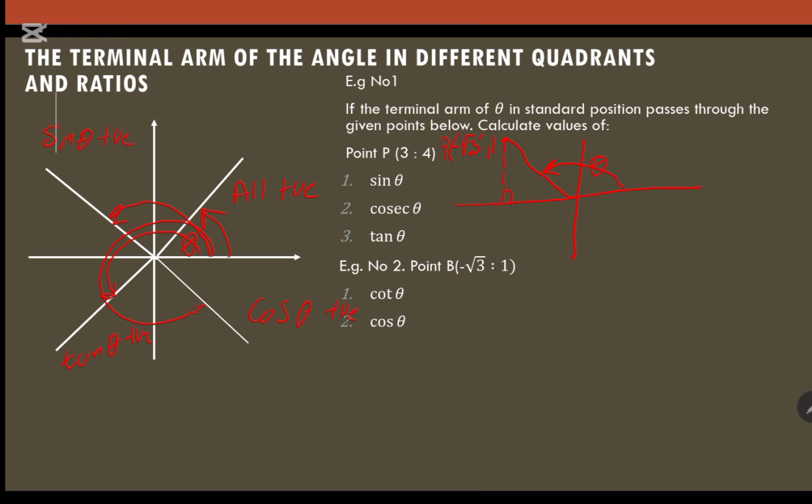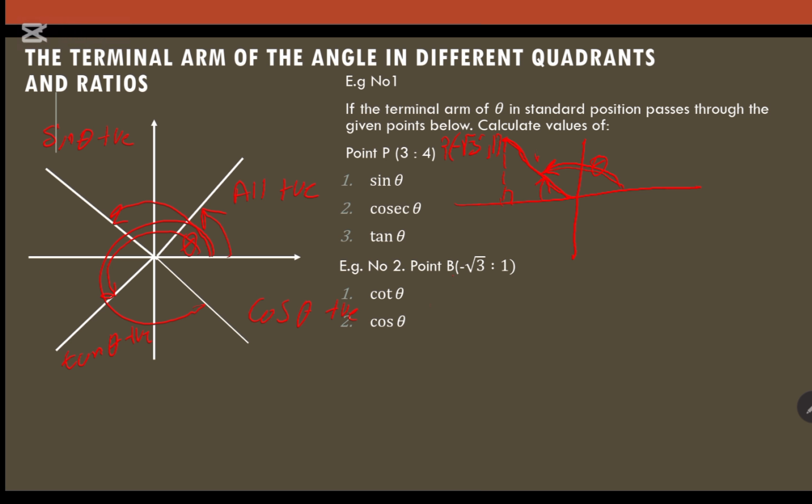So this angle is the one that opens up, and this angle is more than 90 degrees. But there is this acute angle here that gives the same position of the terminal arm as that bigger angle there. So this is the angle that we are going to work with. So we have our point there.